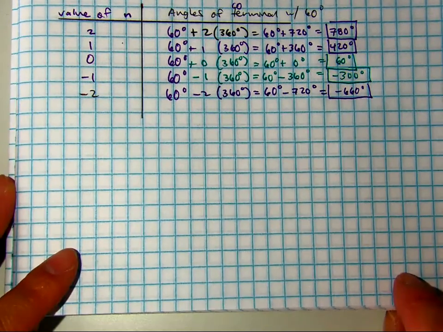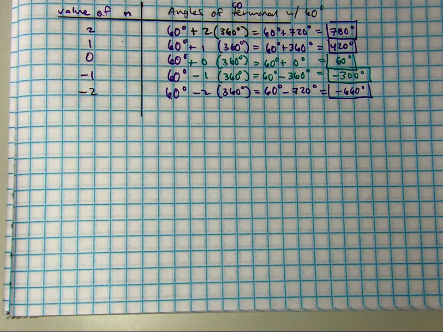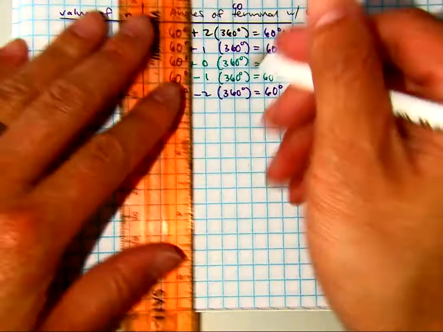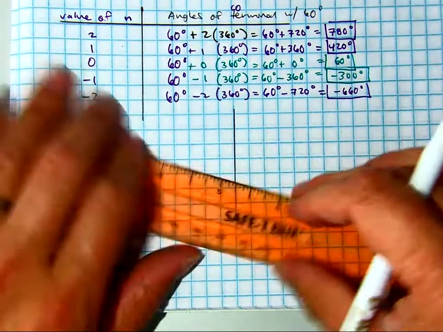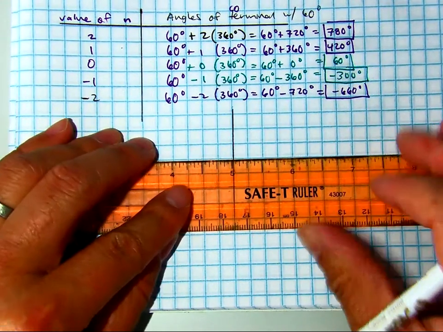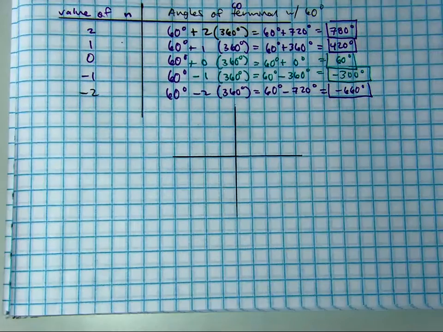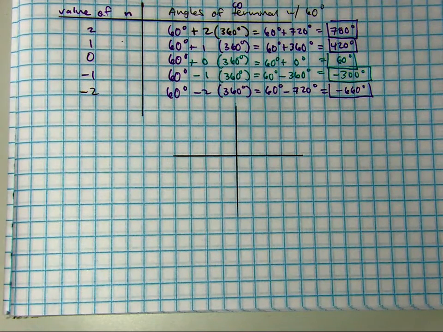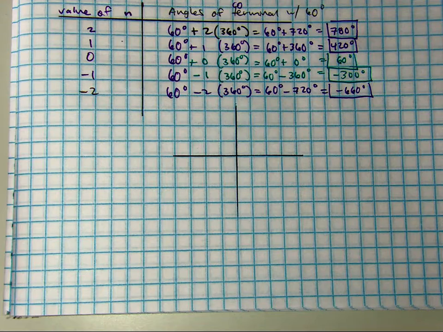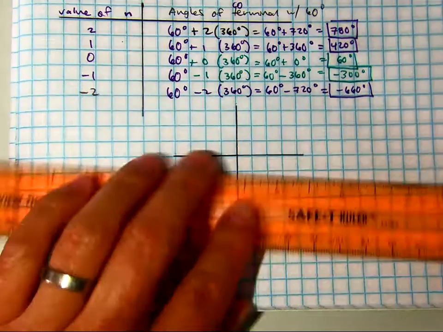Let's draw ourselves a visual now to see what this makes us. 20 seconds, draw a 60-degree angle. Put your finger where it should start. You should be starting here, the initial side.